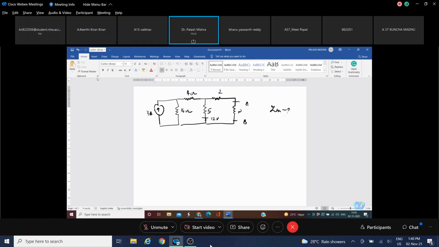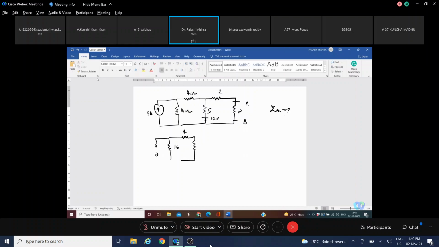6 ohm. Let me check. So this will be open circuited. Here the 16 will be there. This is 4 and this is 5.